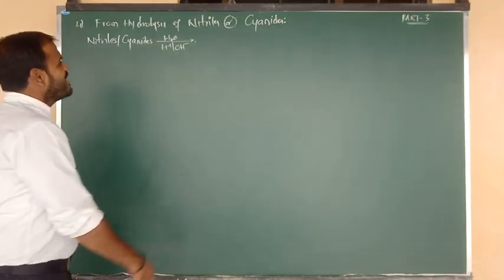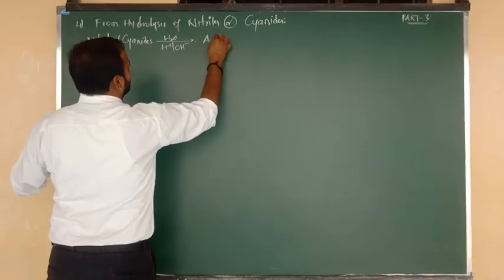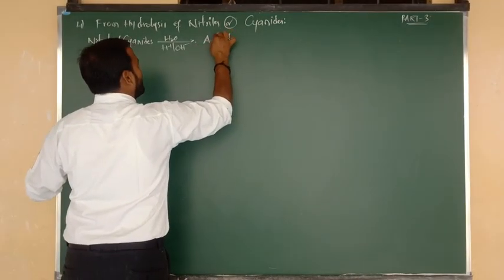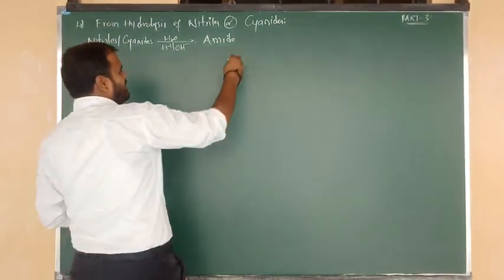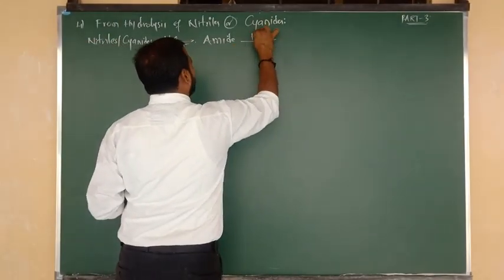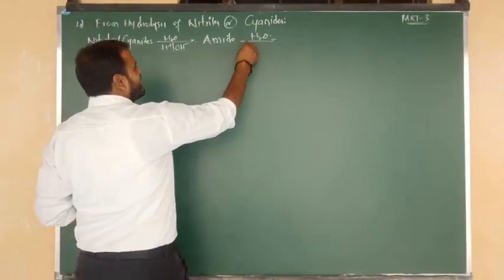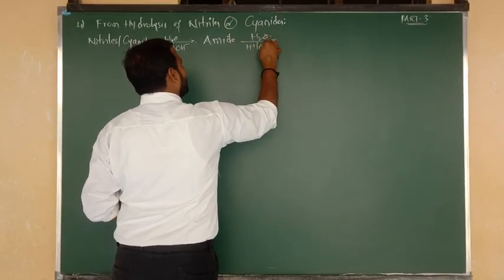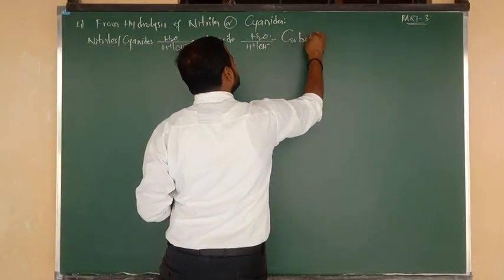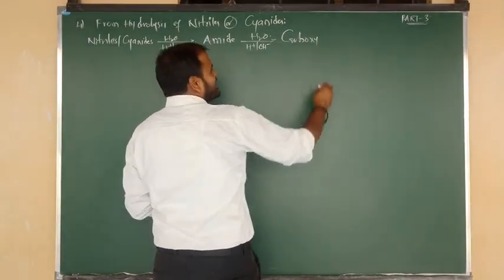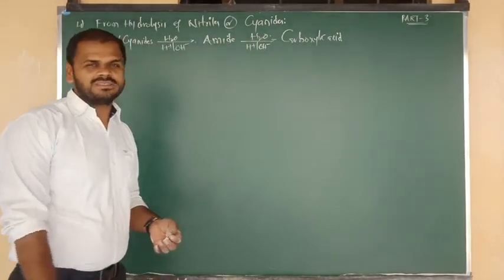Here also we get one intermediate, a little bit unstable, that is the amide. Followed by the amide intermediate, it further undergoes hydrolysis again in acidic or basic medium, and finally we get our desired product, the carboxylic acid.